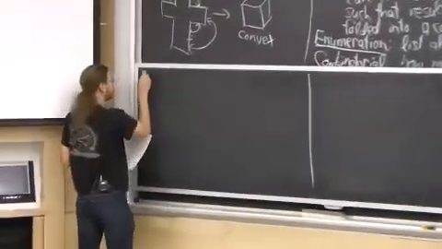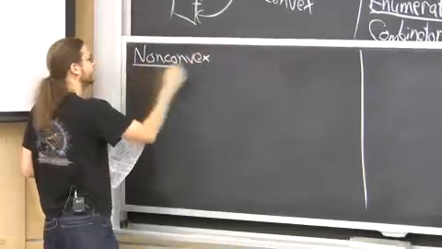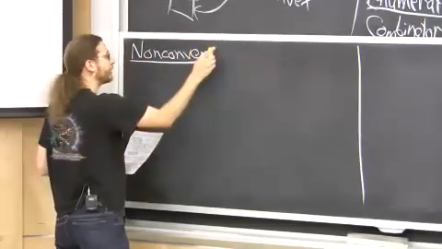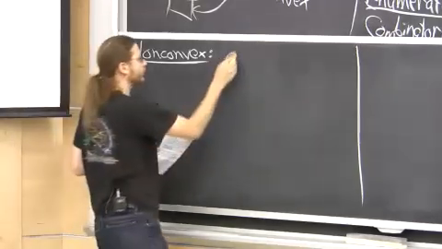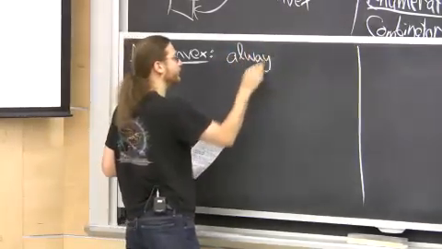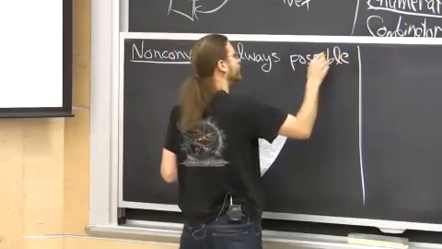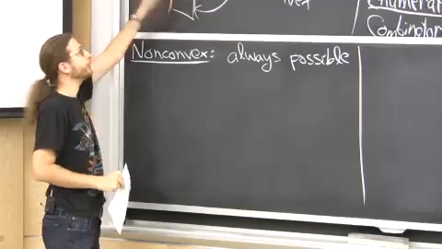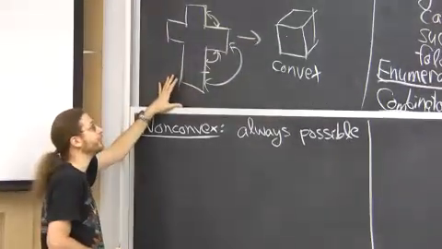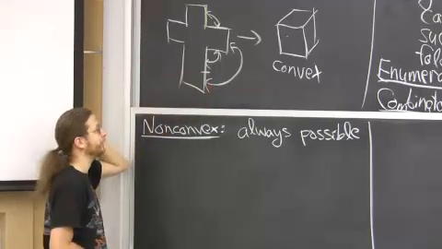So for non-convex, where you don't care about whether the result is convex, you just want it to make some polyhedron, you can show it's always possible. So what this means is if I'm given some polygon and I glue up the boundary somehow, and this result even holds if you don't glue up all of the boundary, because then we're no longer trying to make a convex thing.